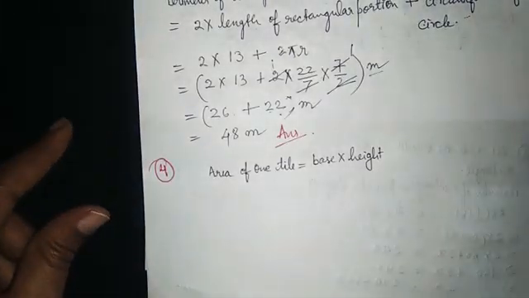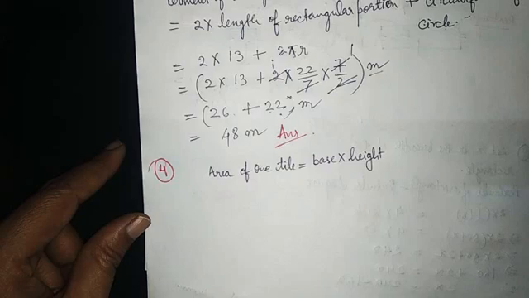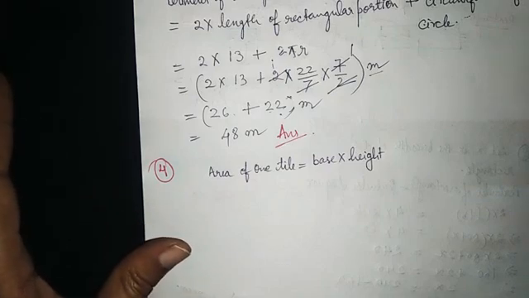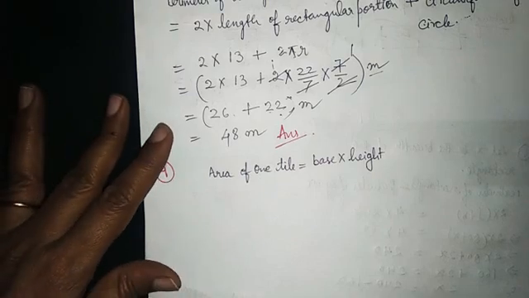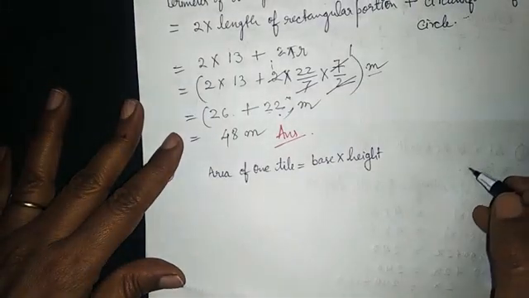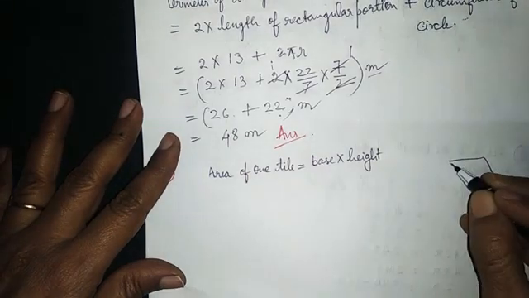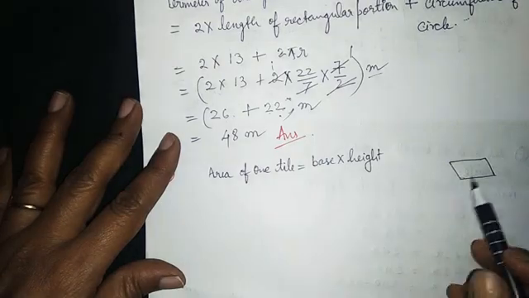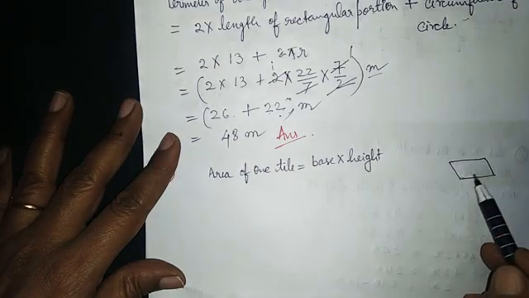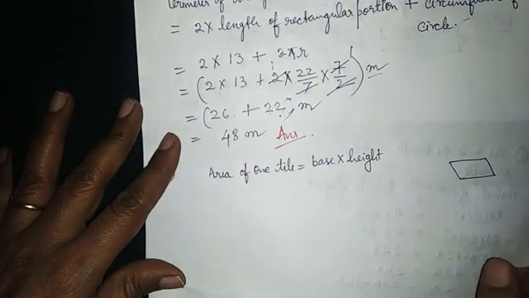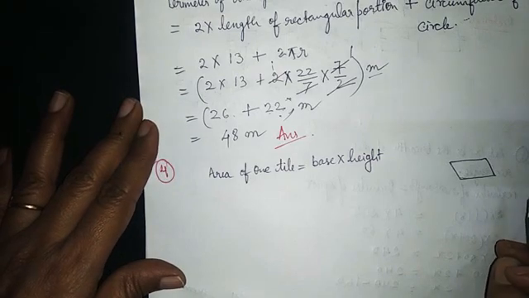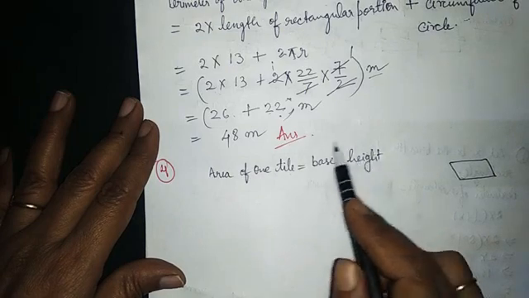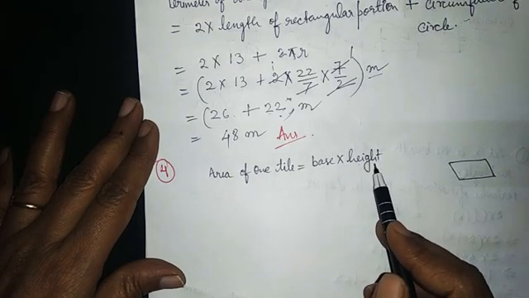Children, you have studied area of parallelogram last year. So you know the shape of parallelogram. This is the shape of parallelogram, and in a parallelogram, opposite sides are equal and parallel. This thing also you know. Here for area of one tile, we will use this formula, base into height.